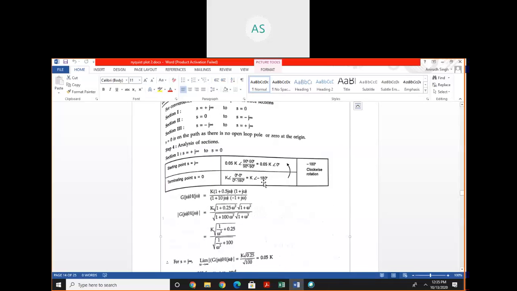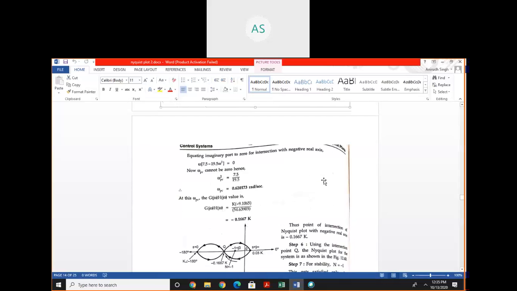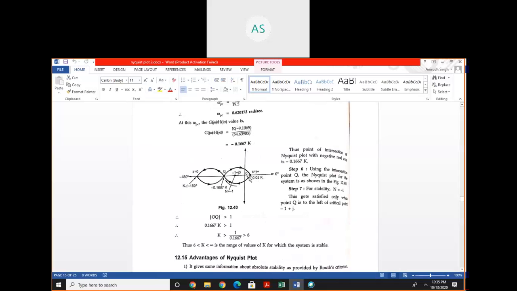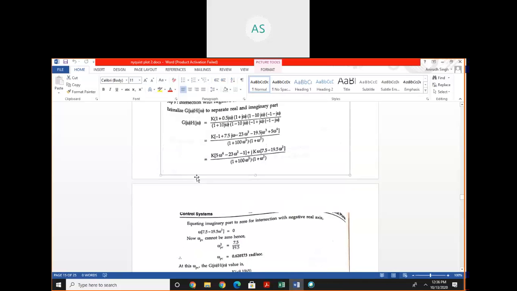Starting point is 0.05k and angle is 0, and the terminating point is k and angle is 180 degrees with clockwise rotation.